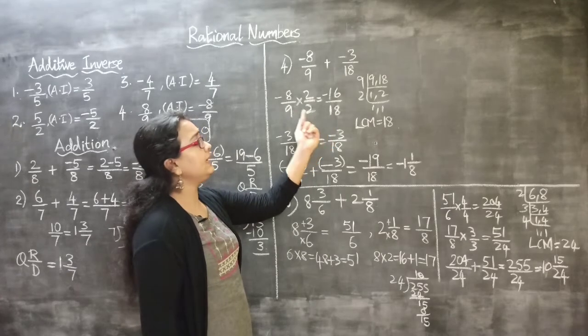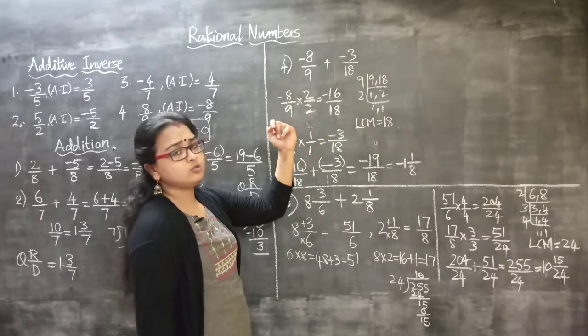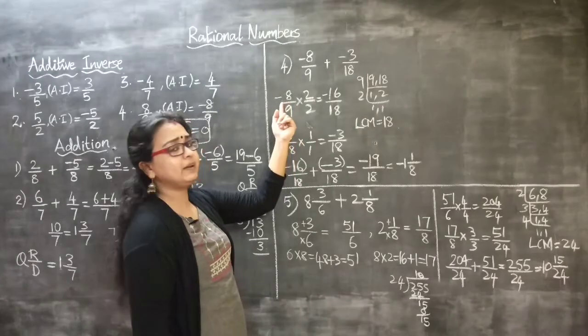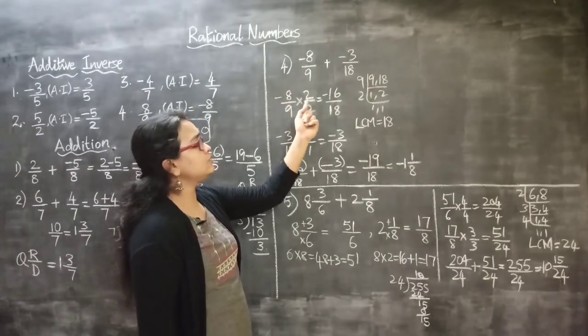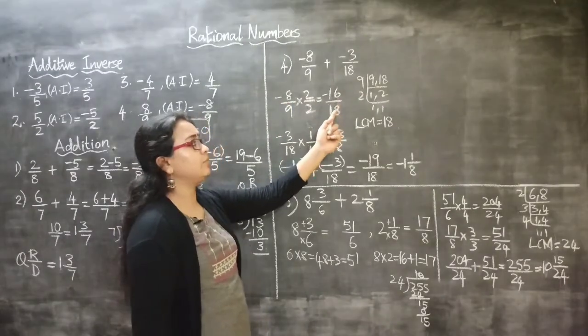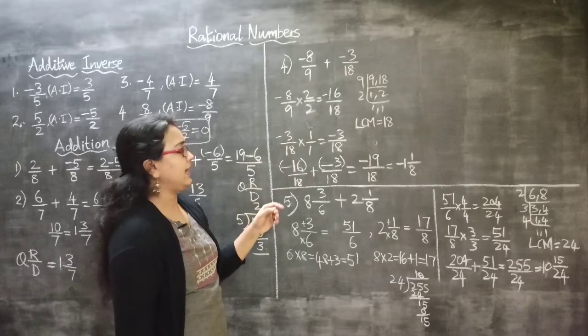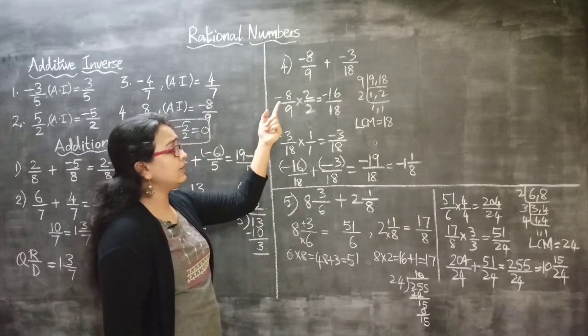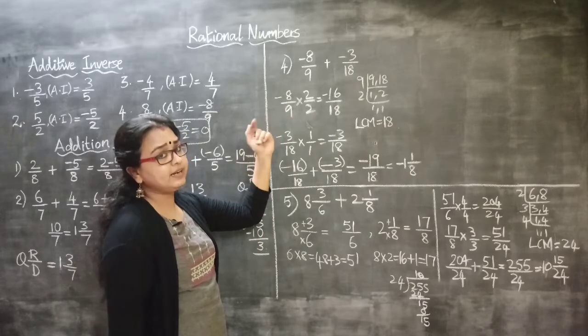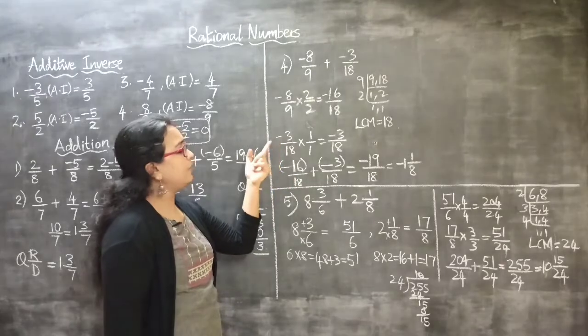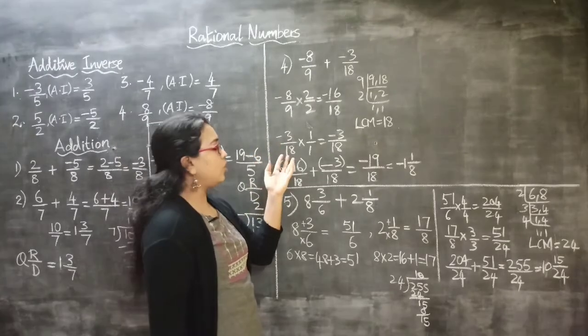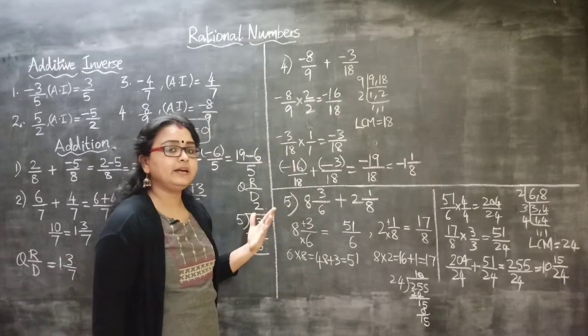So in the numerator also, we have to multiply 2 with minus 8. So minus 8 into 2 is minus 16. So minus 16 by 18 is the answer for converting this, the equivalent rational number. And now minus 3 by 18, right? So already it is in denominator as 18 only.